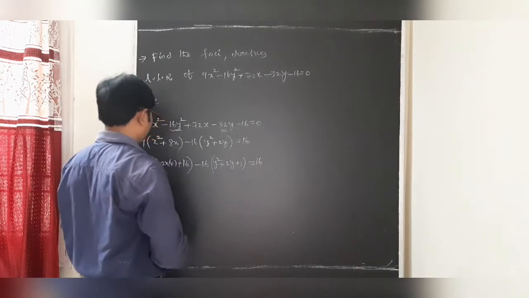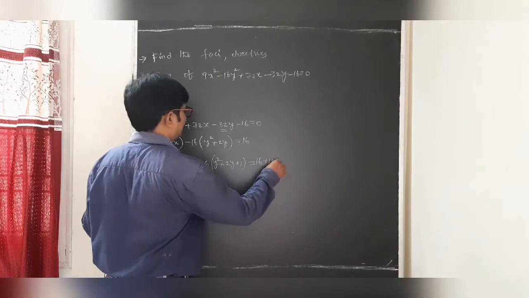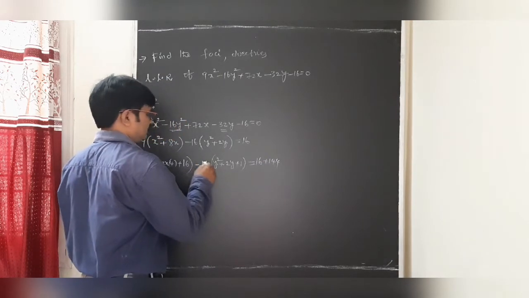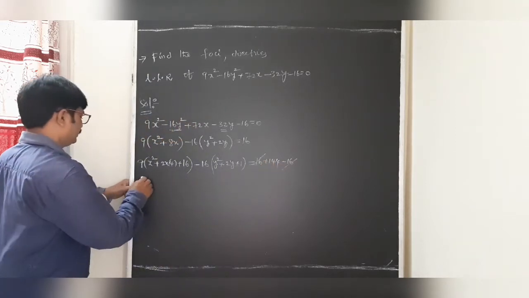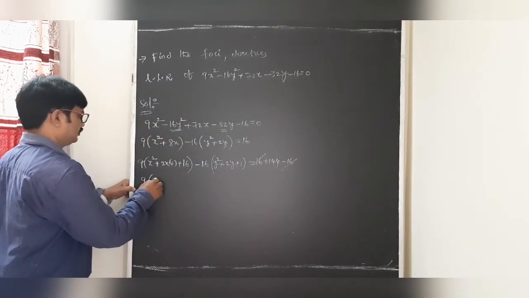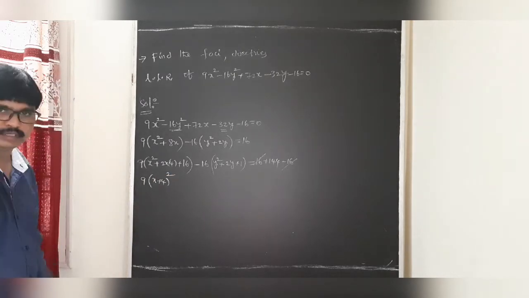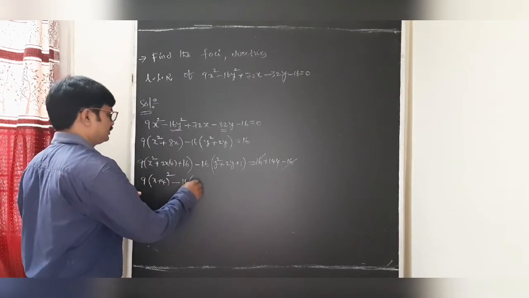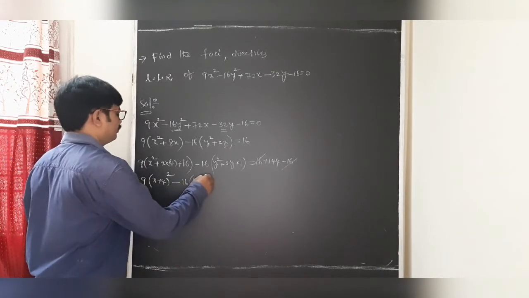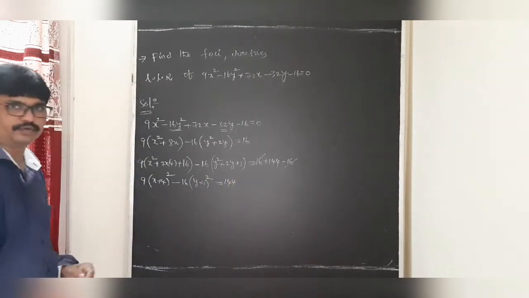This is the 16. 16 into 9 is 144. So this can be written as 9 into (x plus 4) whole square minus 16 into (y plus 1) whole square equal to 144.